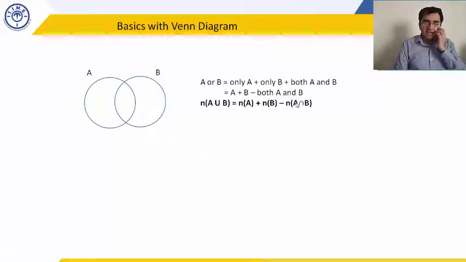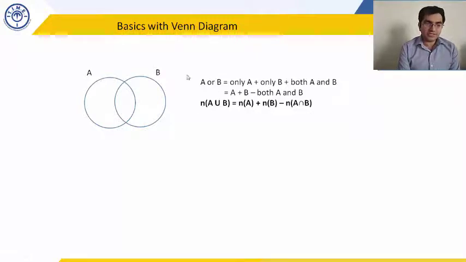In terms of the questions that will be given to you, this is how it is written. A or B is written as union. So the number of students studying A or B, A union B, will be the number of students studying subject A plus the number of students studying subject B minus the number of students studying both.